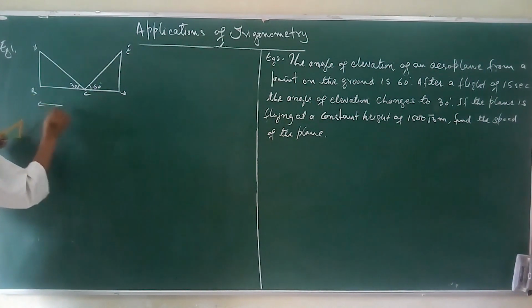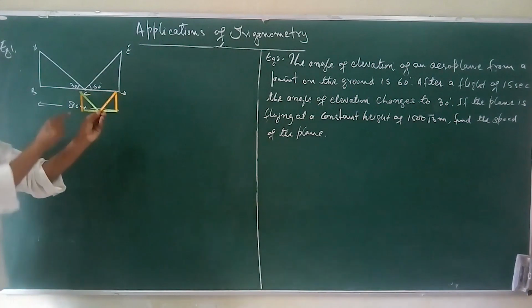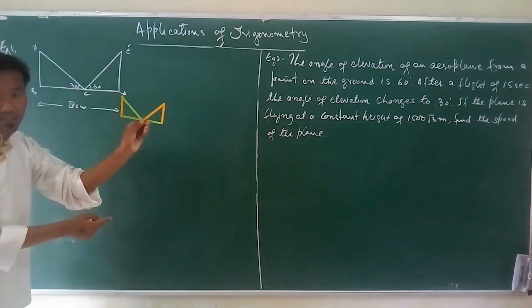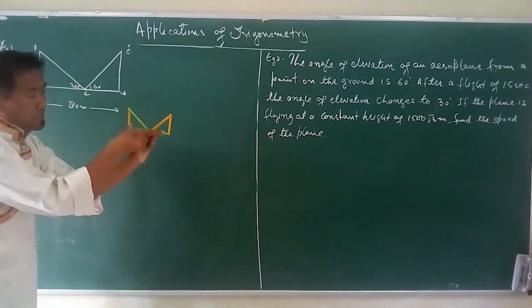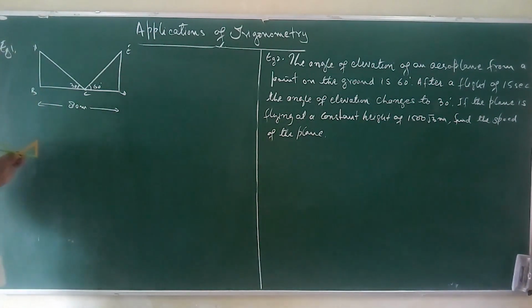The distance between these two buildings is given as 80 meters. So the whole distance in between these two buildings is 80. These are the given details. Now we are going to find the height of the building.